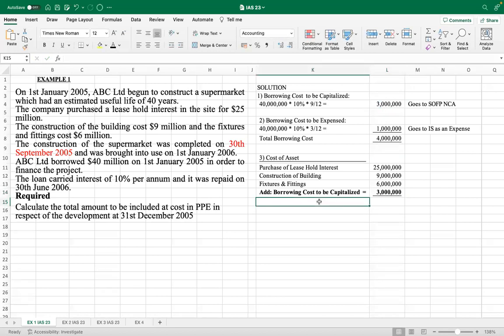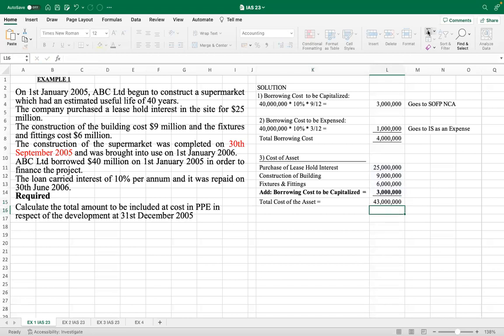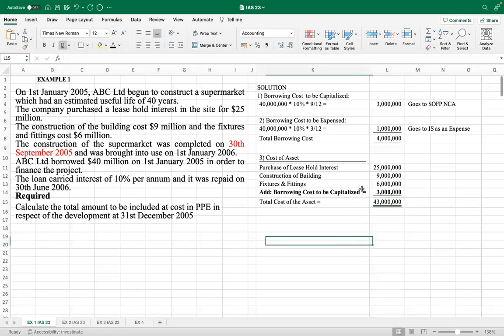So what is the total cost of the asset? Total cost of the asset is equal to, you add up everything there. The total cost of the asset is 43 million. If this standard IAS 23 was not there, we could have taken the cost as 40 million.